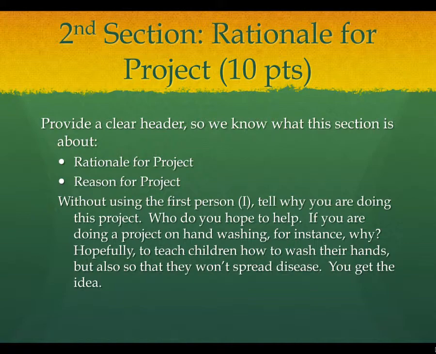That said, in this section, use again a clear header so we know what you're talking about. Your topic header might be rationale for the project, reason for the project. Don't use the first person here, but tell us why you are doing the project. You're going to write in the third person because this is a scientific, a scholarly paper.